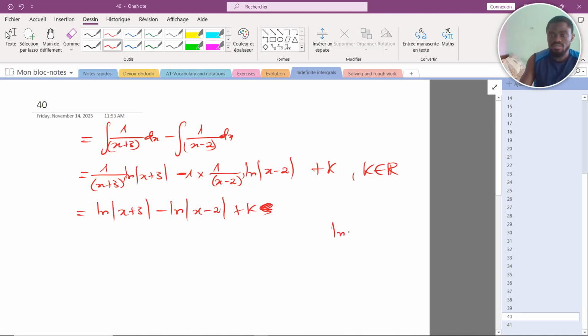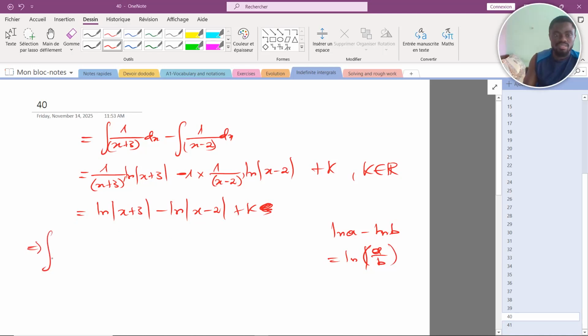Notice that the ln of a minus the ln of b is equal to ln of a all over b. I know you should remember these rules of logarithm. The ln of a minus the ln of b is equal to the ln of a on b. So this will permit me to rearrange this.